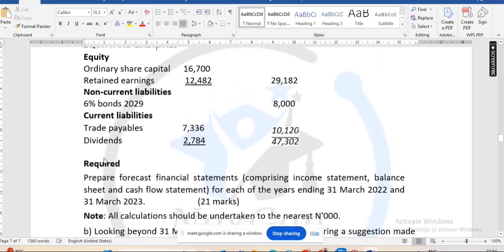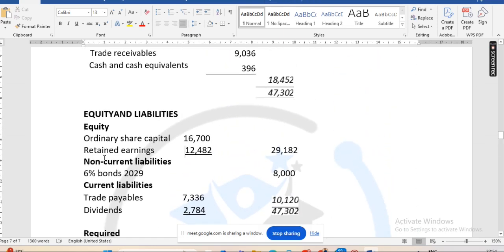Can you see it? Non-current liability, we only have one, which is bond. We have only one bond, right? Now the bond will be from now till what? 2029. Is that not so?